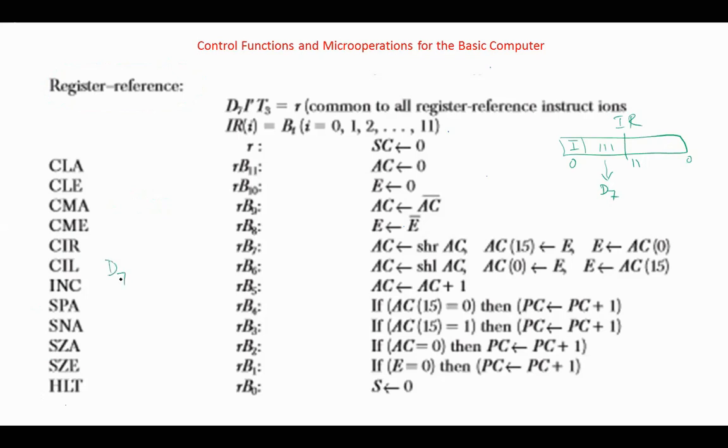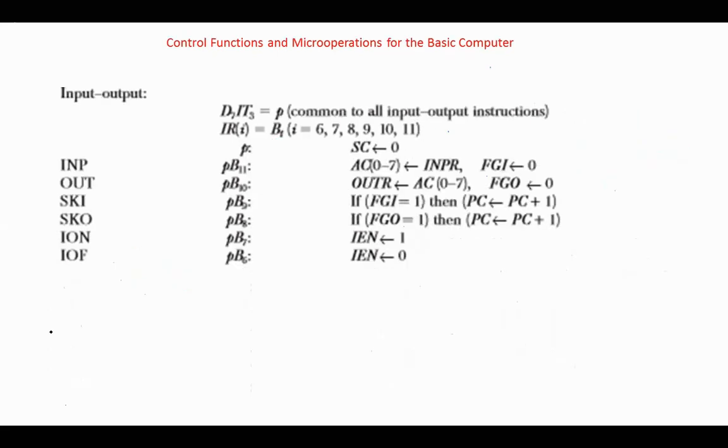D7, not I, T3 is common for all register reference instructions, and one of the bits B0 through B11 is used as an operation code. And the last subtable is for the input, output, and interrupt instructions.